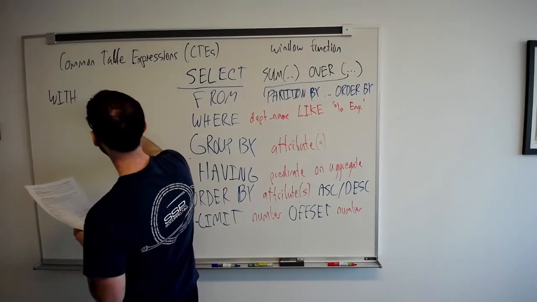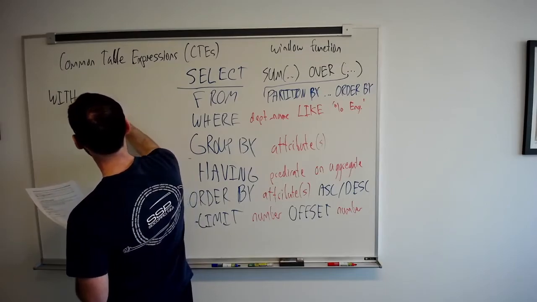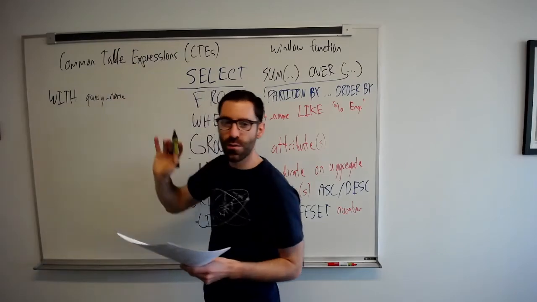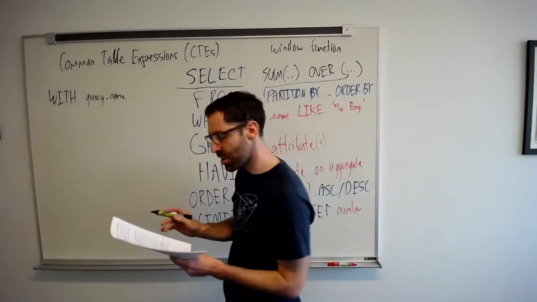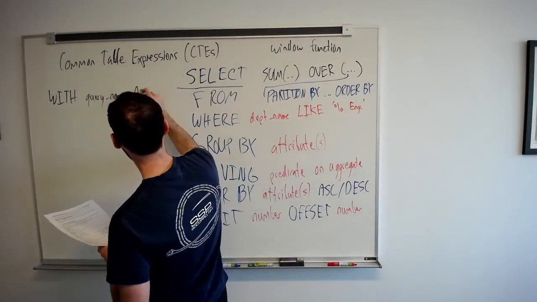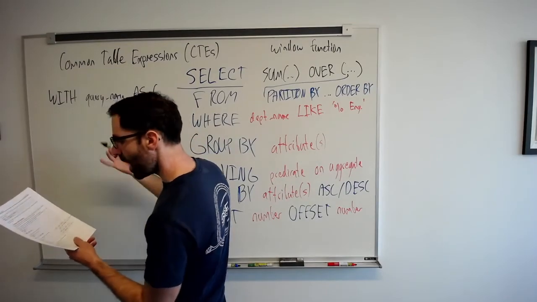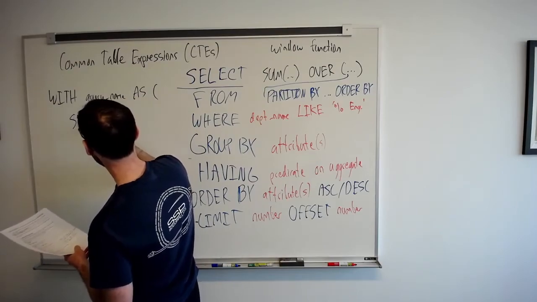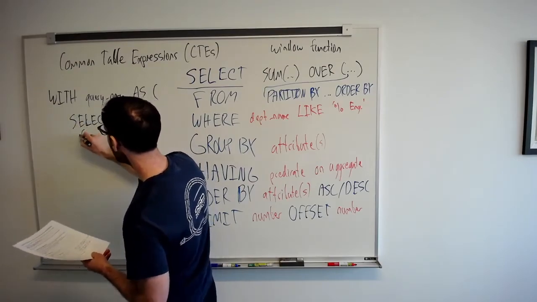And so how this works is that you say WITH, then a query name, whatever you want, AS, parentheses, and then you're going to have a full SQL query in here.